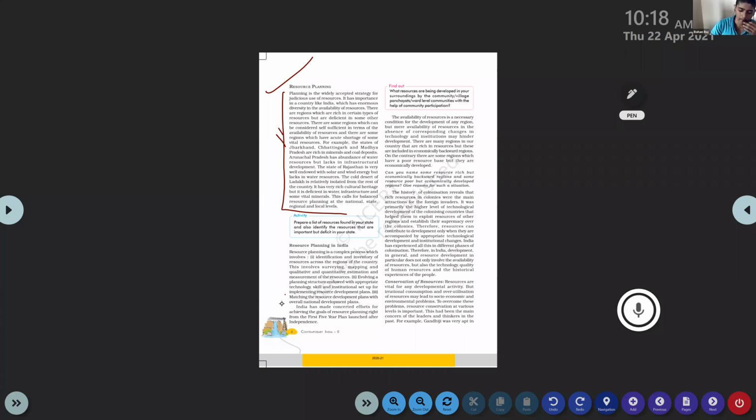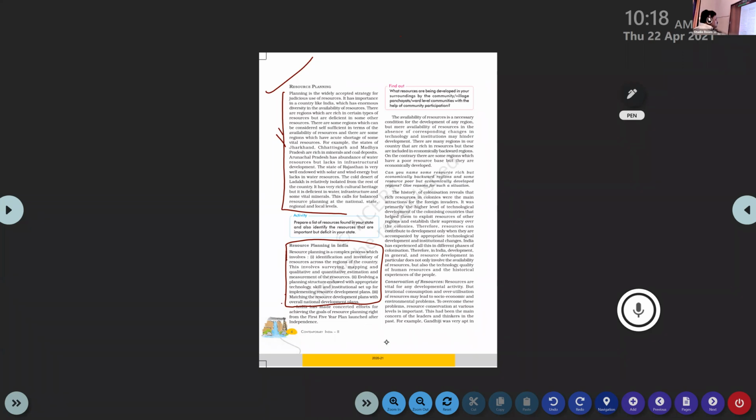Answer: these three points are the answers. These are the three steps included in resource planning. Okay, check it. Are things clear for you? Write the question and we will move forward.